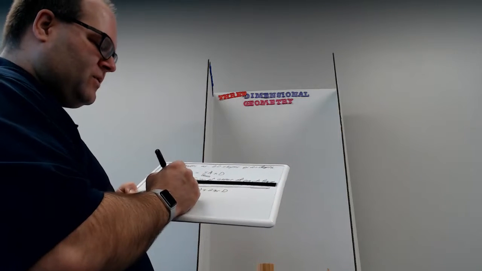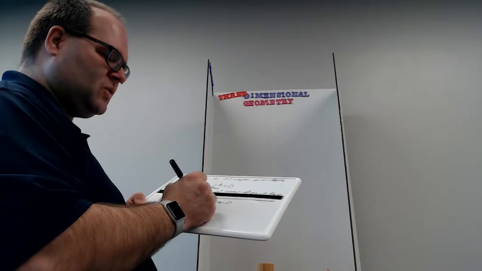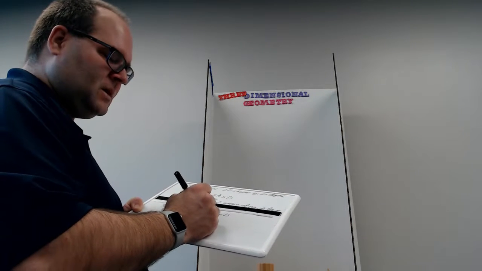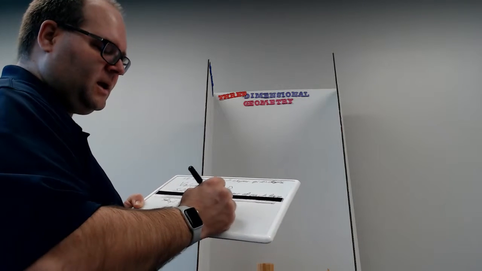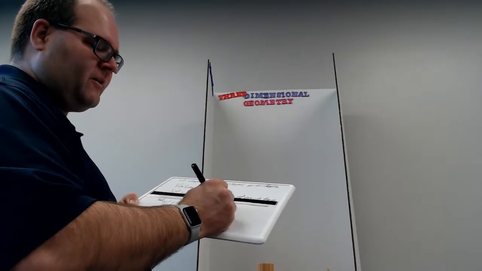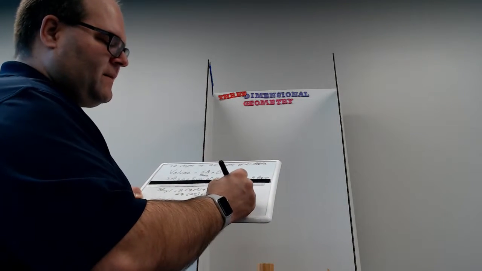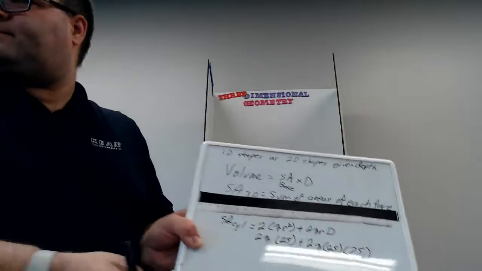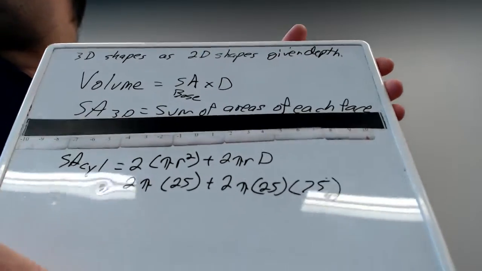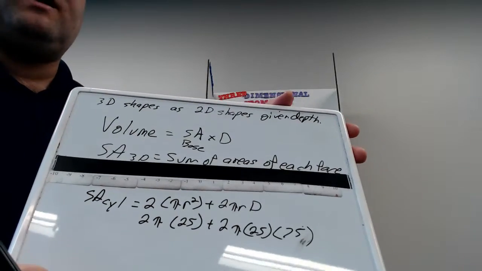So we have 2 times pi, our radius is still 25 millimeters, plus 2 times pi times our radius of 25 millimeters, times our depth of 75 millimeters. These measurements are to be multiplied together.